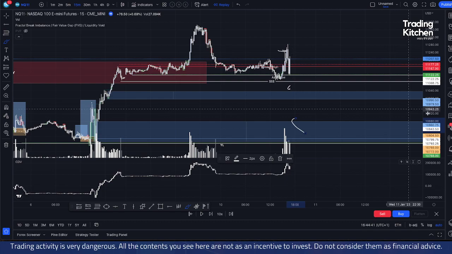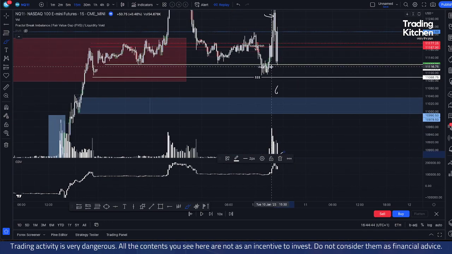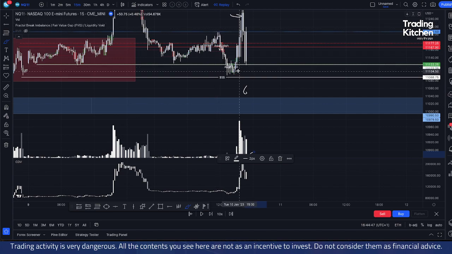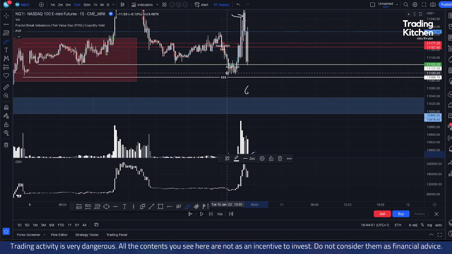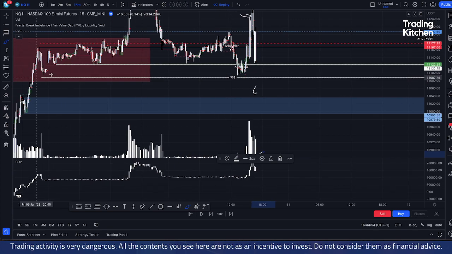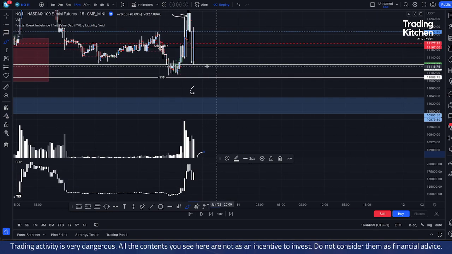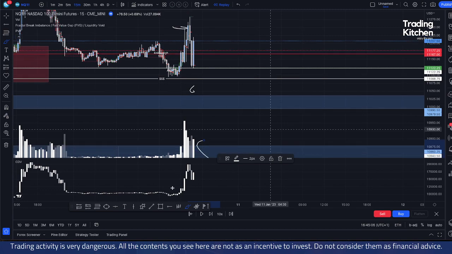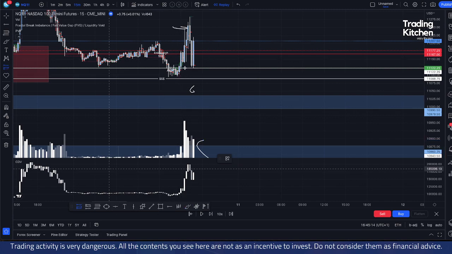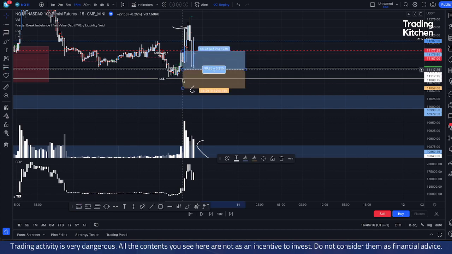Okay, now price goes down, Asian session low, grabs the liquidity, and to be honest, yeah, okay, grabs the liquidity. Cumulative delta volume confirms here. Okay, and so this is a confirmation of this candle. This will be the untested POC.